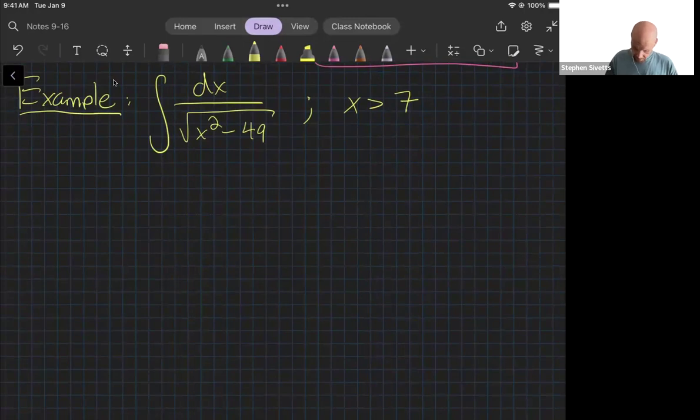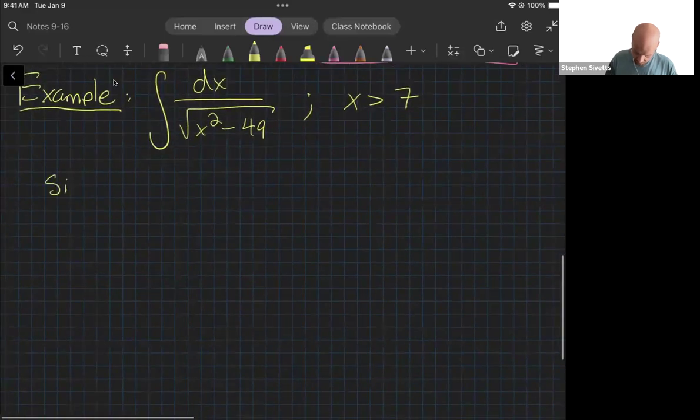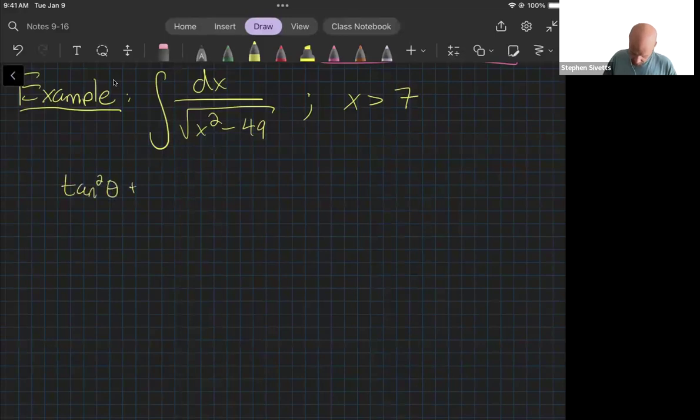And it has to do with this one, sine squared theta plus cosine, actually, not that one. I was thinking about the other one. Tangent squared of theta plus 1 equals secant squared theta. This is the identity that we're going to use.